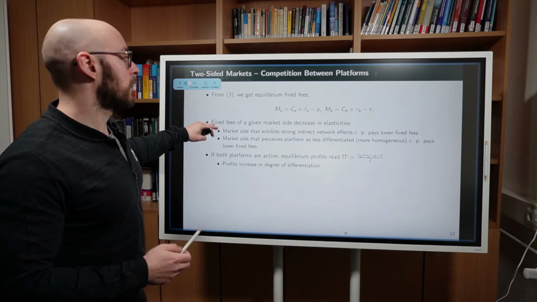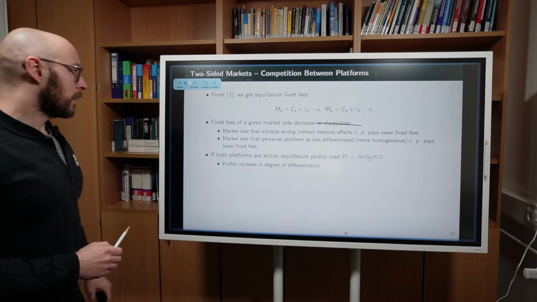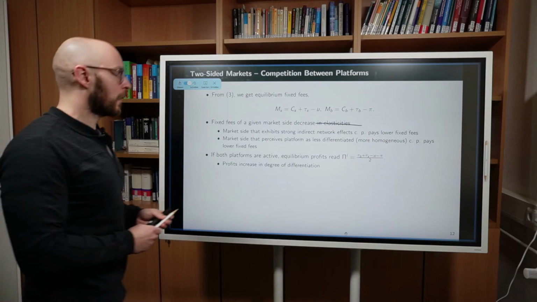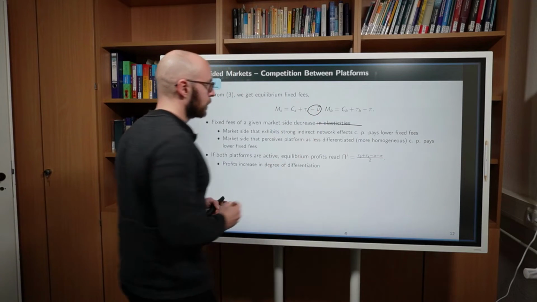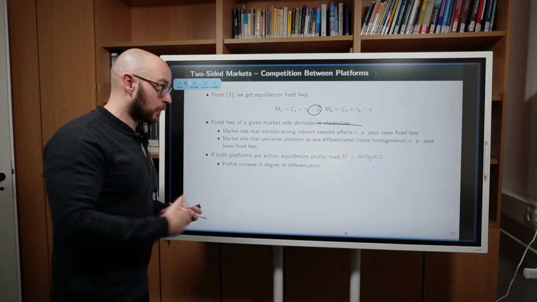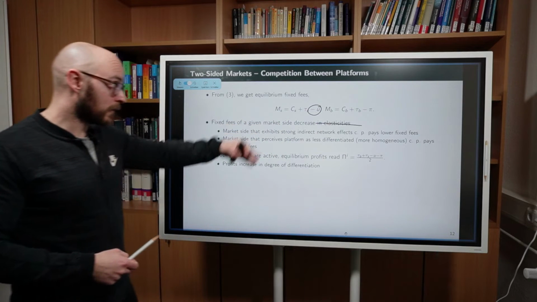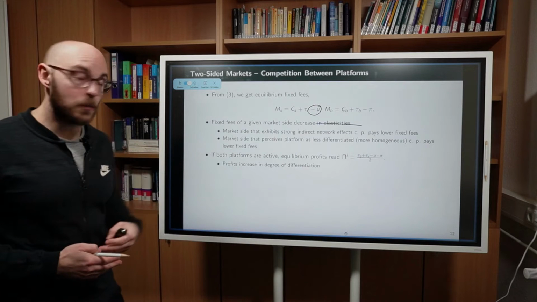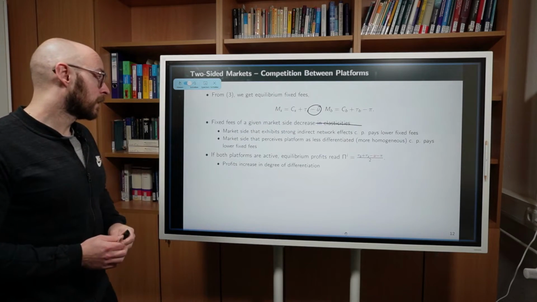If you have the fixed fee of a given market side, they decrease in indirect network effects. This is this part here, because you have to take into account that a seller attracts buyers, and the stronger the utility you get from the buyers, the more the network effects are taken into account, and the more likely it is that you will have lower fixed fees.